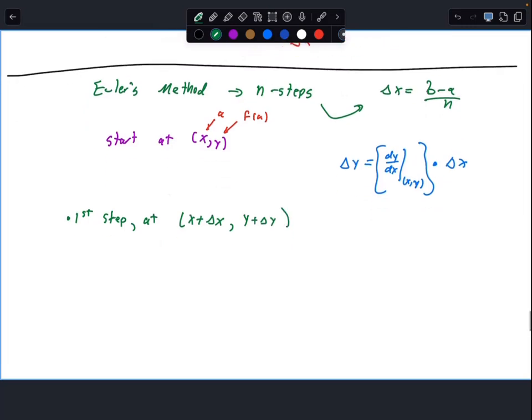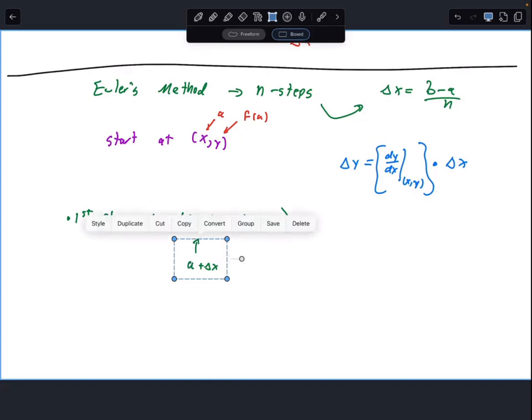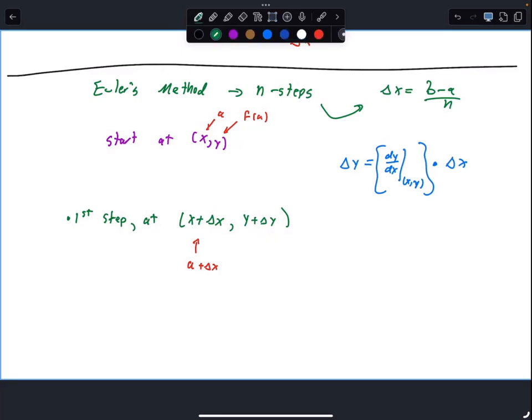In other words, this point right in here is now a plus delta x, and this point right here is now f of a plus delta y.